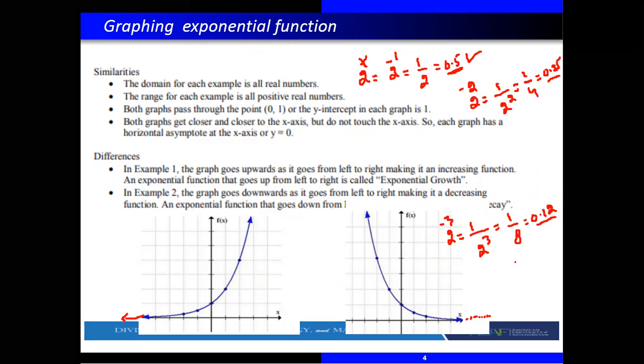It will keep decreasing, but it will never become 0, because 0 is not possible in the range of an exponential function. The graph will never touch the x-axis. So the x-axis is the asymptote of the exponential function. I'm talking about these two graphs.